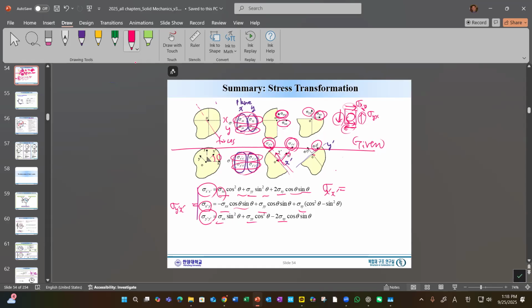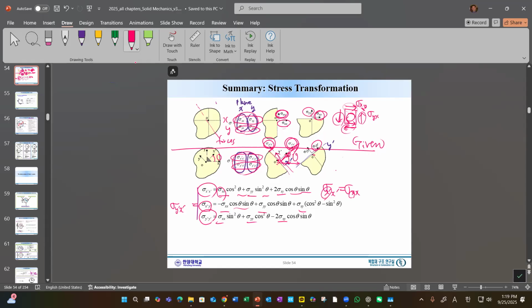Now here, sigma xx, you list all the components. But say x prime and x prime x, okay, x prime is what? This guy, and x is what? Actually, you can draw here. What is the angle between them? Well, between them is theta, right?